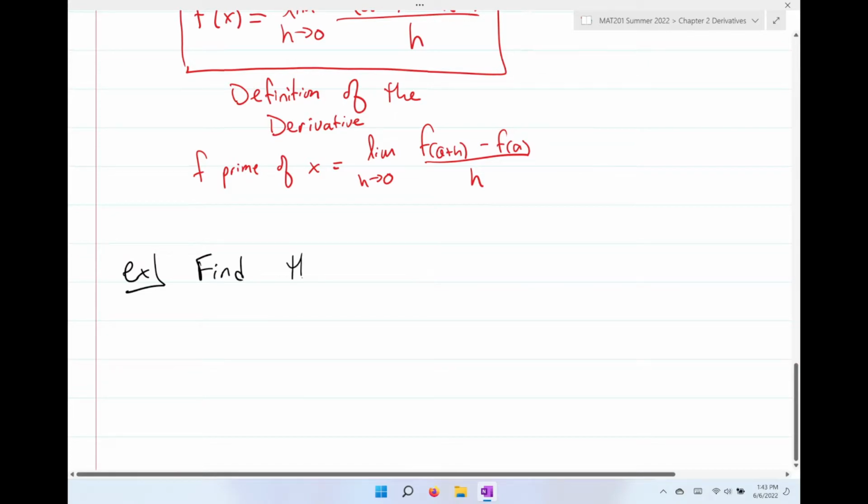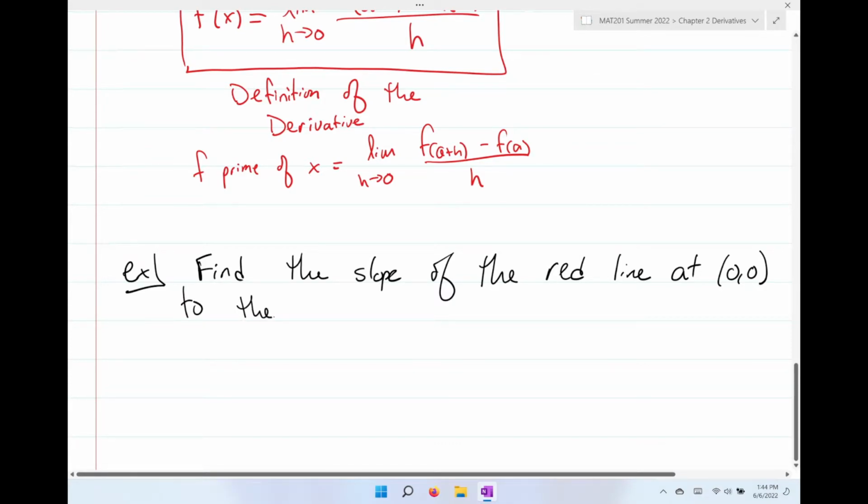Find the slope of the red line at 0, 0 to the curve f of x equals x to the second power.